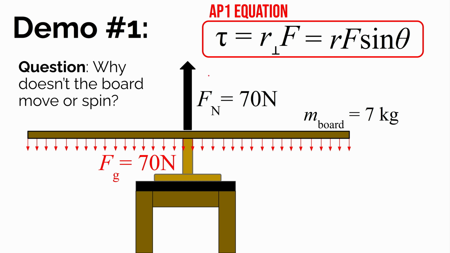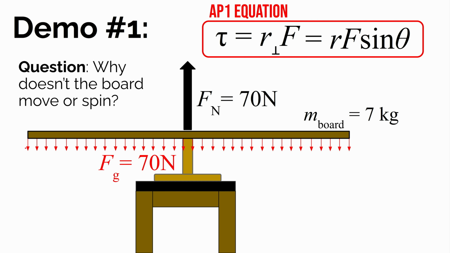What about the gravitational force? Well, remember, we're imagining the gravitational force as a lot of tiny little gravitational forces. So technically, any one of these little forces that's not at the pivot point, it's at some radial distance away, each of those things would be providing some torque. And all these little forces on the right side would try to make the board rotate in the clockwise direction, and all the tiny little forces on the left side try to exert torques, which make the board rotate in the counterclockwise direction.